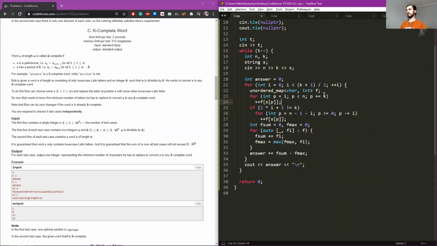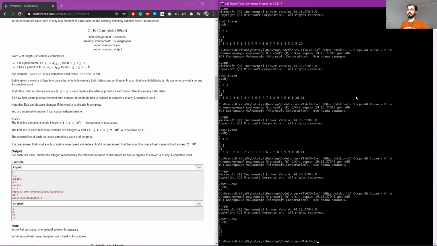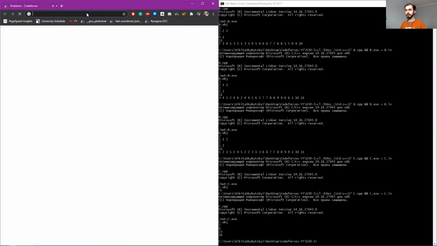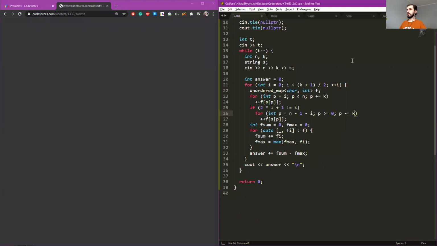We don't want to increment by i, we want to increment by k. Okay. That's why we were running in some infinite cycle. I think we should be good to go.